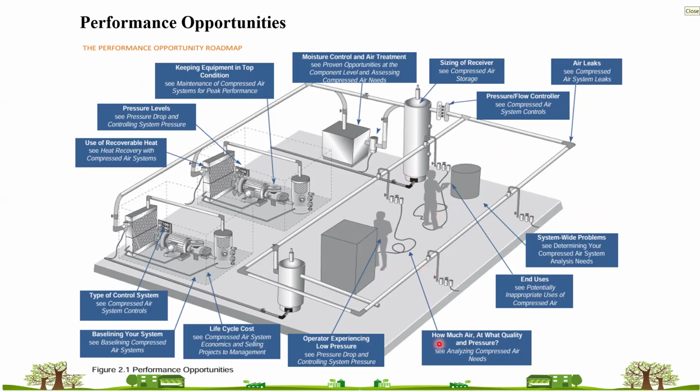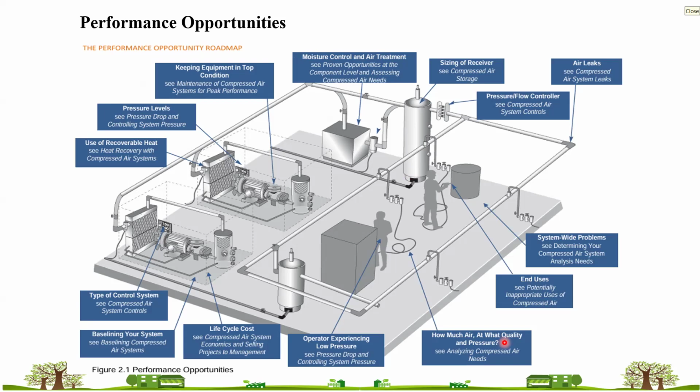And one more thing: how much air, what quantity and what pressure, is a very important parameter to define during your compressor selection. Like what is your pressure requirement? 6 bar. What is your air requirement? 20 CFM. Do you require oil free, moisture free? Yes.